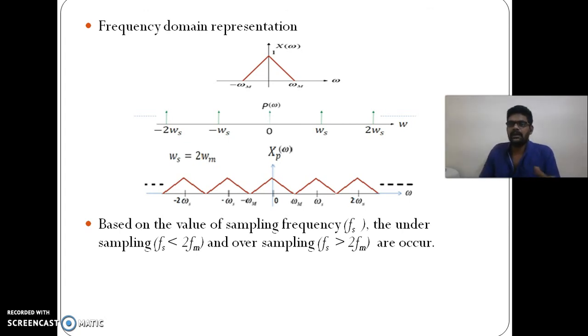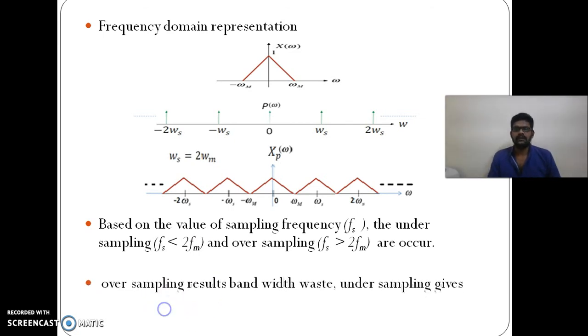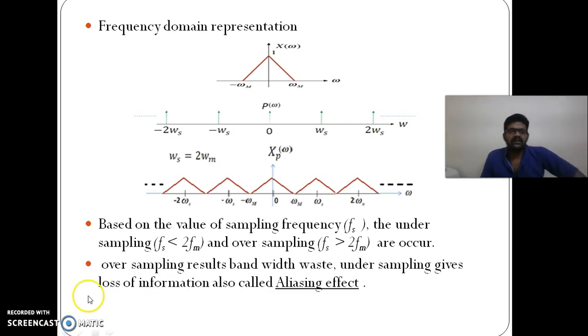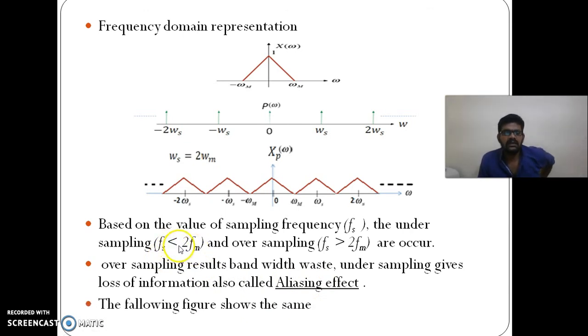If you sample at 2fm, you will recover, but the error will be more. If you take more samples, the error will be minimized. But by taking more samples, the bandwidth will be increased. So there must be an optimization between the sampling rate and the bandwidth, and the designer has to take care about this. Undersampling gives the aliasing effect, and oversampling gives an increase of bandwidth.